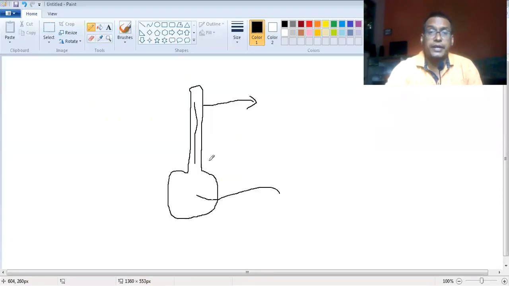Now we can have different geometries, like this reactive distillation column. At the bottom you can have a spherical shape, and in the upper section there is a separation unit.